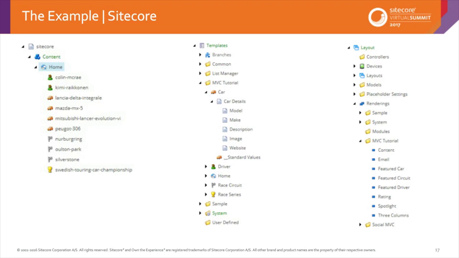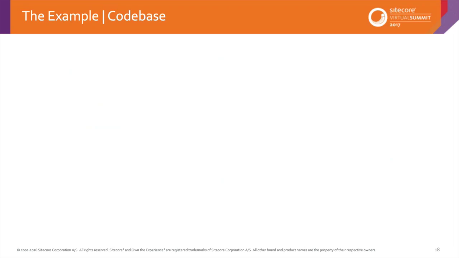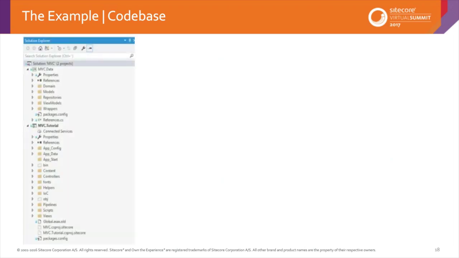So in the file system and in Visual Studio, you had these two Visual Studio projects, one called MVC Data, one called MVC Tutorial. There was also a test project. I removed that one just to keep it simple.